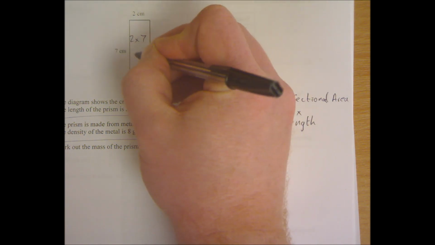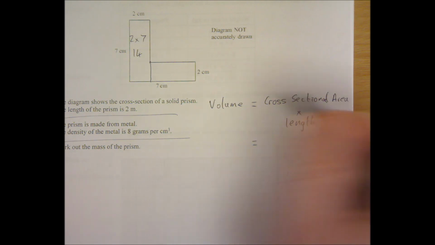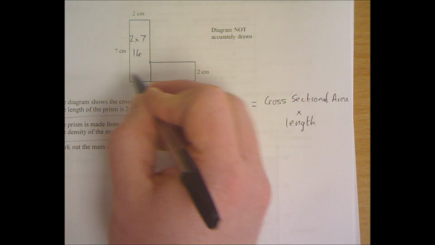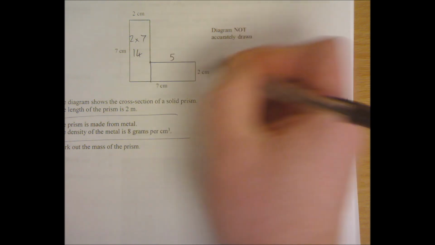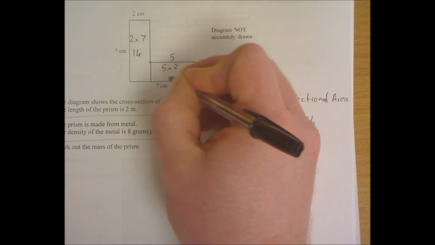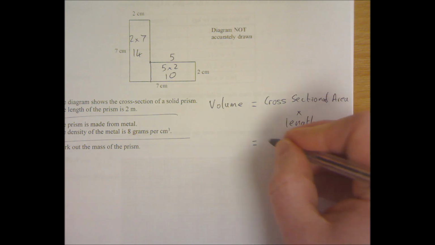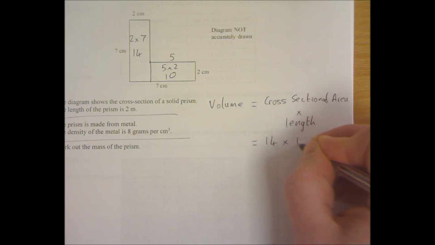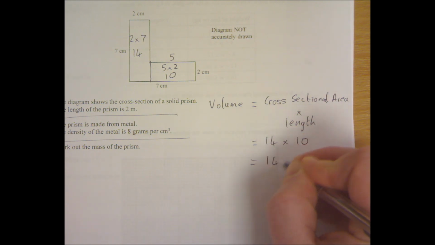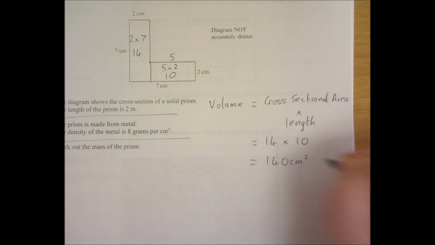Length and width of that rectangle is 2 and 7, so 2 times 7 is 14. This one, it's 7 going all the way across, that bit's 2, so that must be 5, so 5 times 2 is 10. So we've got 14 plus 10, which is 24... no, 140 centimetre squared.